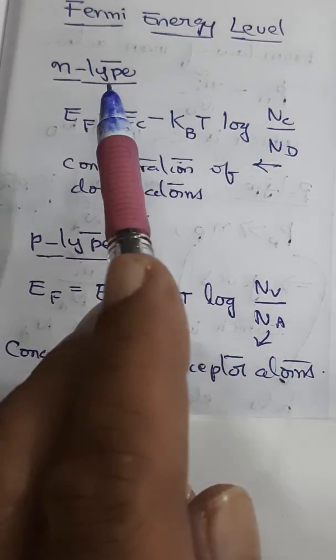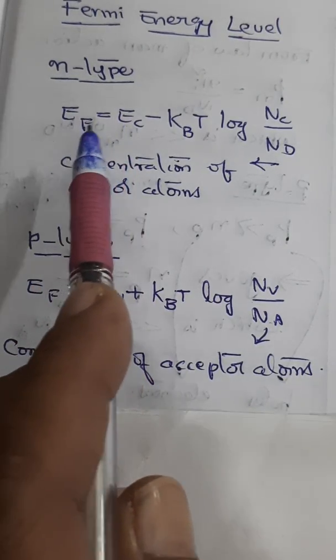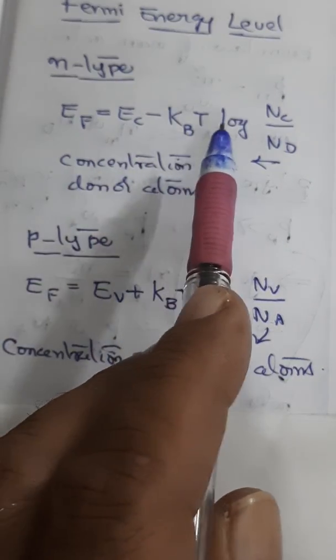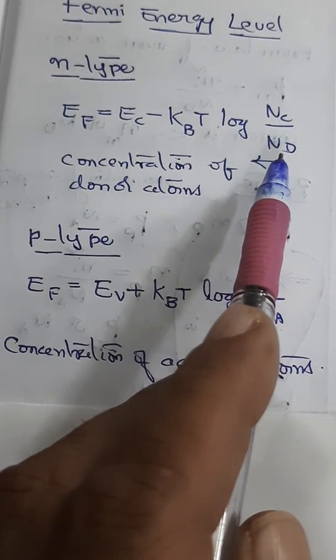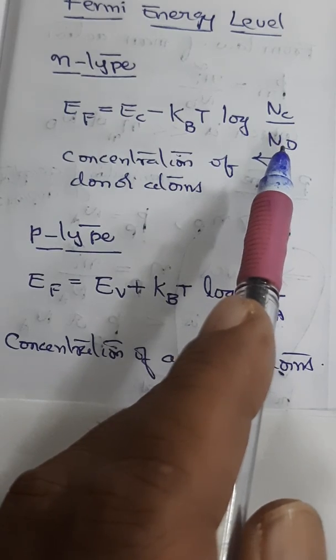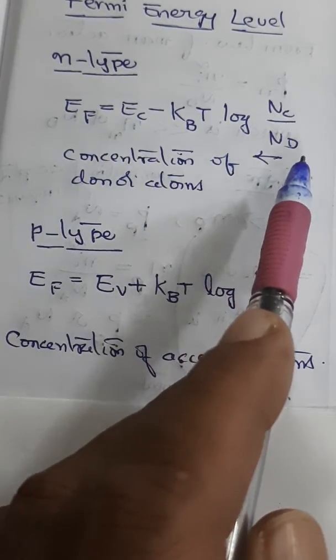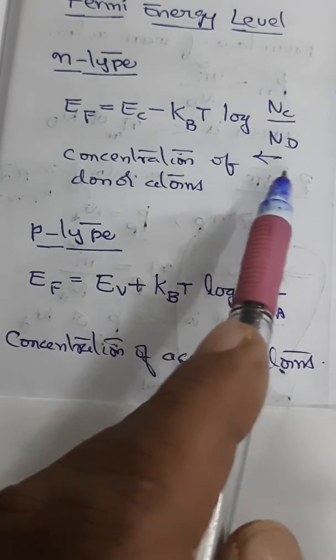That is, if you look at the Fermi energy level in n-type, it is like this. EF is equal to EC minus KBT log NC by ND. NC is the pseudo constant. What is ND here? Here you use the concept of donor. Therefore, ND refers to the concentration of donor atoms.